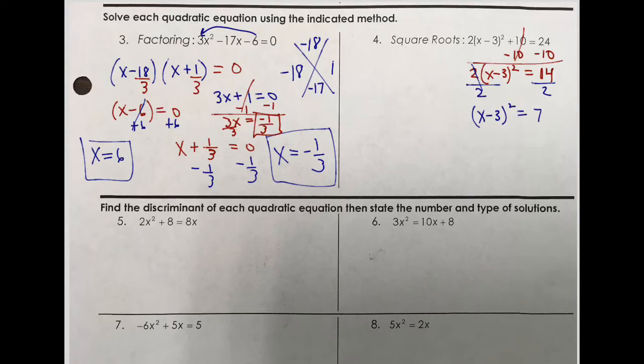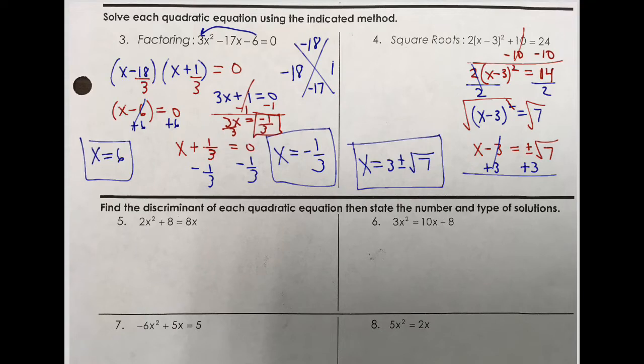We want to get that square off of there, so we have to take the square root, which cancels that, leaving us with x minus 3 is equal to plus or minus radical 7. Then our last step is to add 3. That cancels, leaving x is equal to 3 plus or minus radical 7.